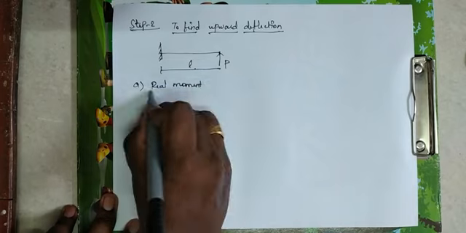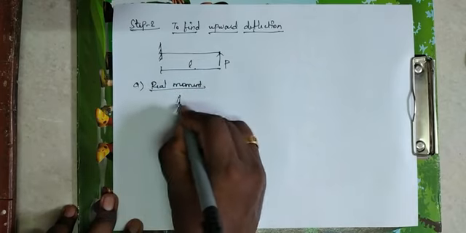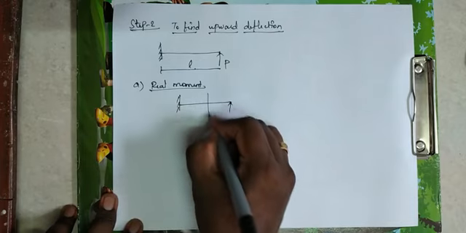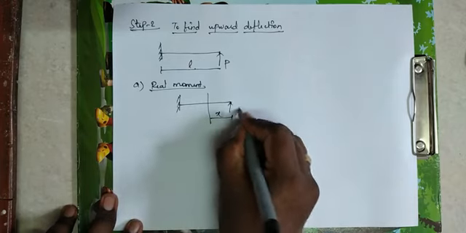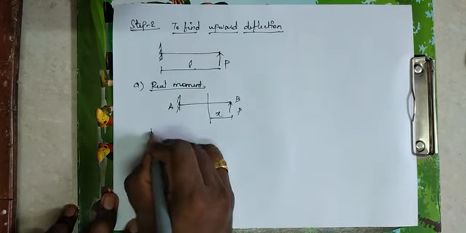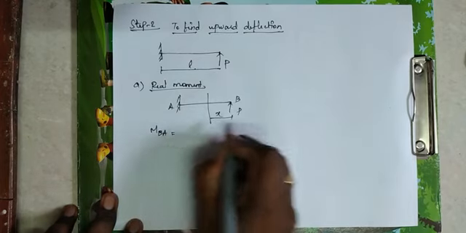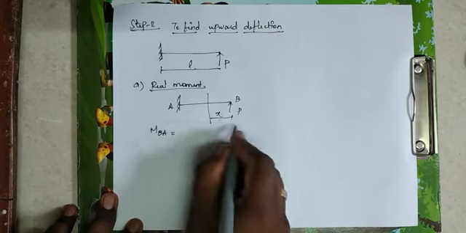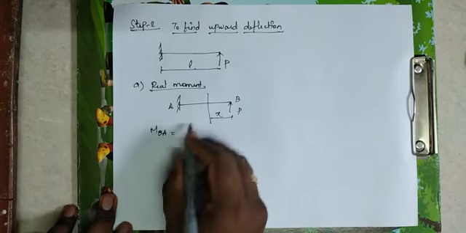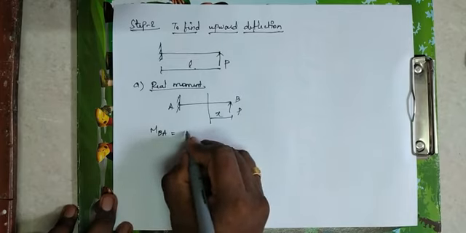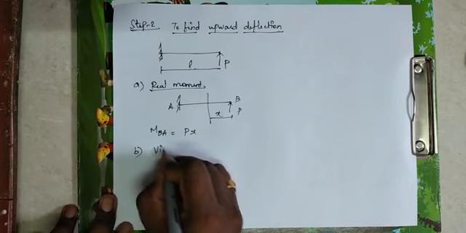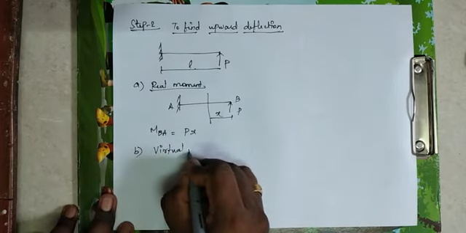Real moment is nothing but considering the given load alone and taking moment about the section, we will get the real moment, that is capital M_BA is P into x. It is in the anti-clockwise right side of the section, so we will get a positive answer, P into x. Next, we are going to find the virtual moment.